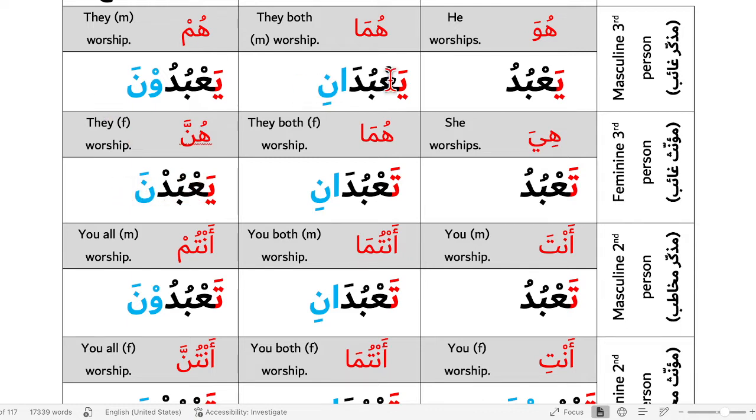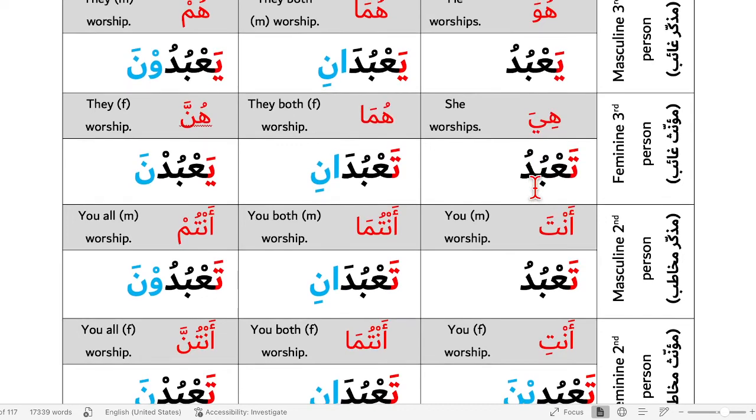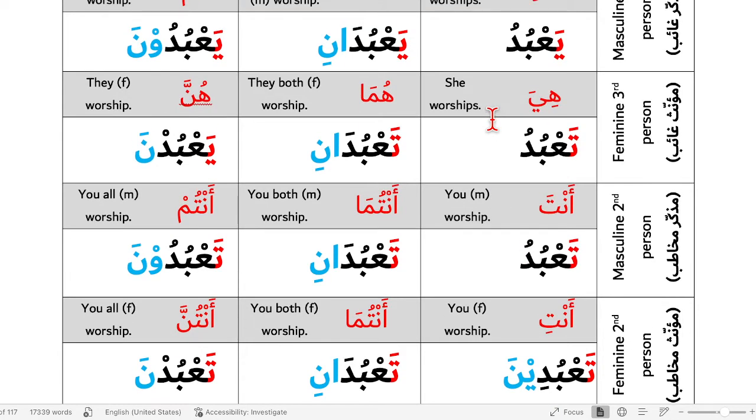So this first line is for the masculine third person, muzakkar ghaib, and this line is for the feminine third person. Just like the past tense, you need to understand and memorize the table. It's going to be easier, and you also need to understand which form is used for which pronoun.